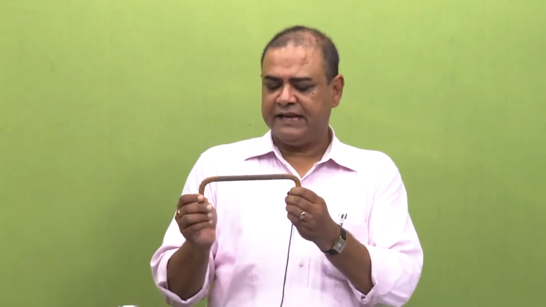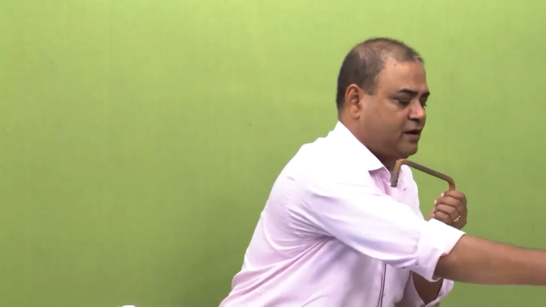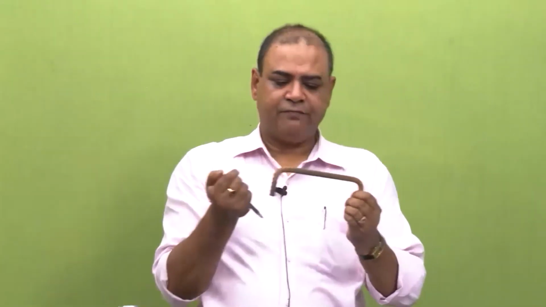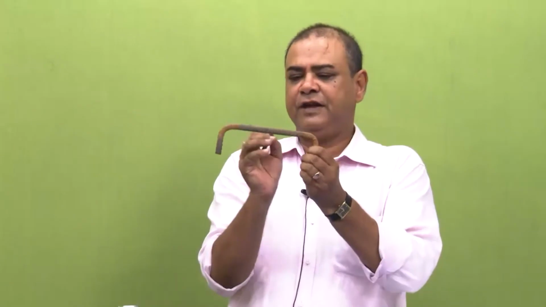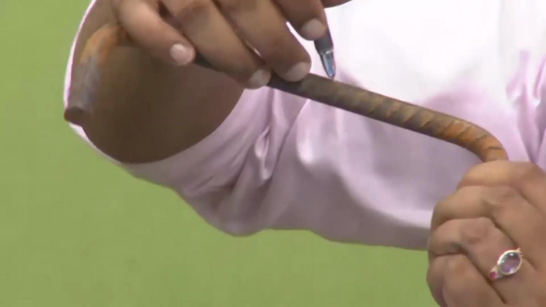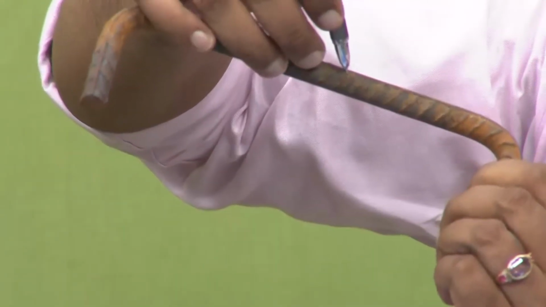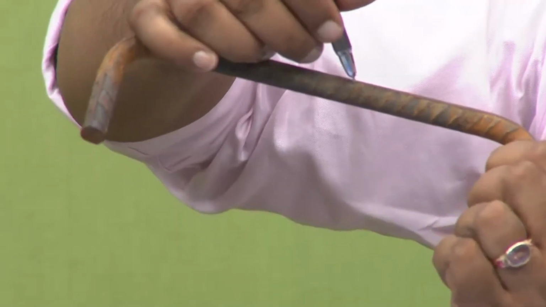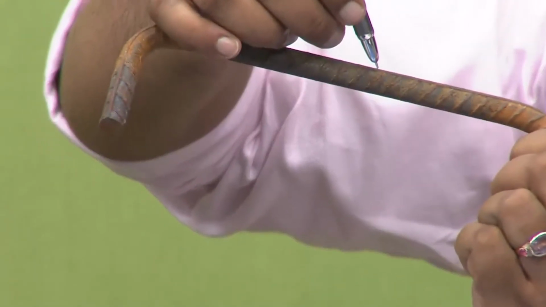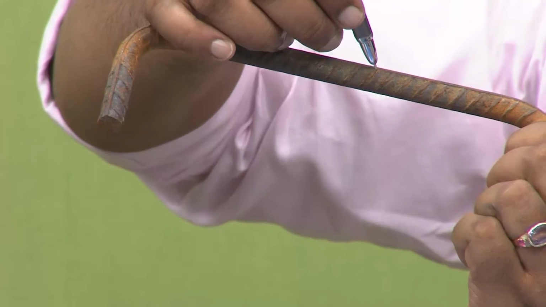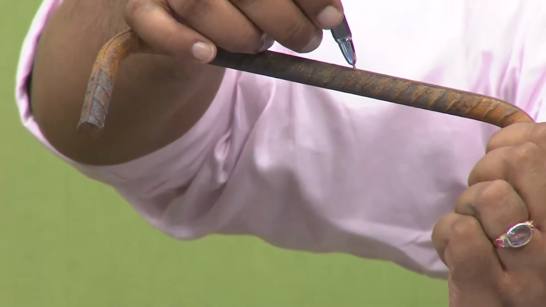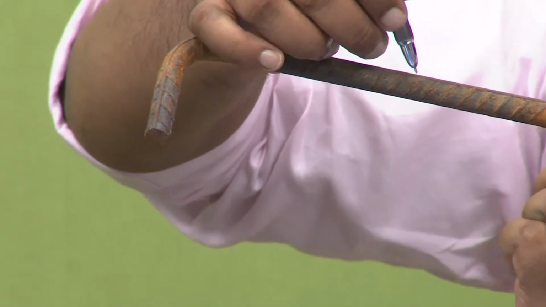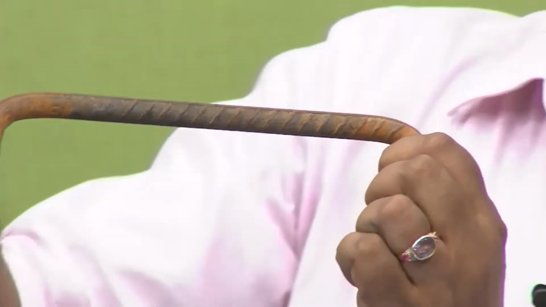Now, if we concentrate on this particular section, if I see the root of this particular rib, you will see that the root of the rib has a bit more red rust compared to the other portion, the flat portion.